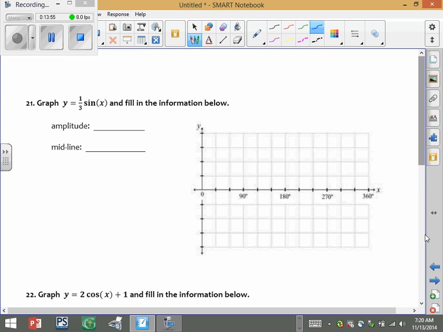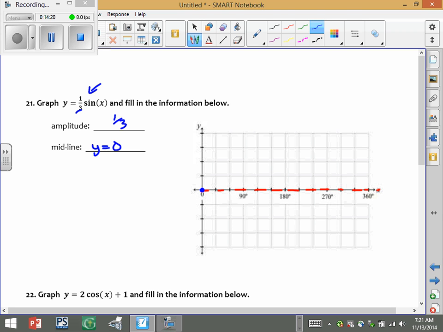And then the last thing that we want to be able to do is come up with these equations, or draw the graphs for these equations. So first things first, the amplitude here is 1/3. The midline, we have nothing added to it, so that's y equals 0. So let's go ahead and draw the y equals 0 line. That's what we're going to move around. Since we're talking about sine of x, we're going to start right at the origin, especially since it's not shifted up or down.